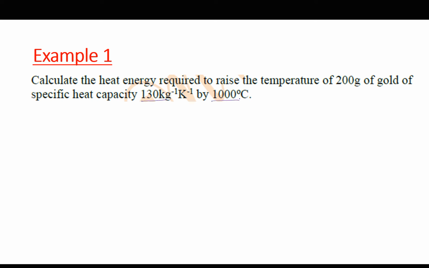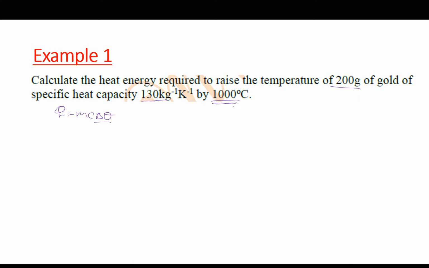These are very easy questions for us. Calculate the heat energy, so Q is equal to mc delta theta, and we want the temperature to rise by 1000. So it means delta theta is 1000.